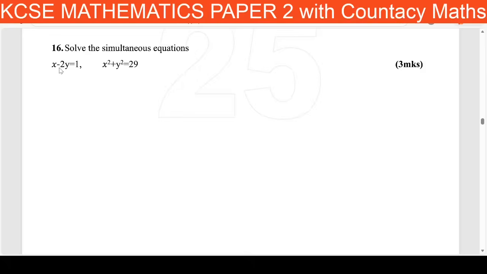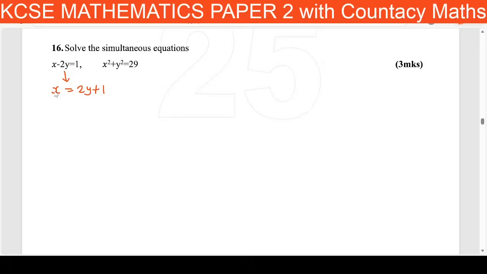Since we have got another equation here where we are having x squared, we can try to convert this one in a way that we are able to make x the subject of the formula. The way that we are able to do that is take this negative 2y to the other side to have it as positive 2y plus 1.